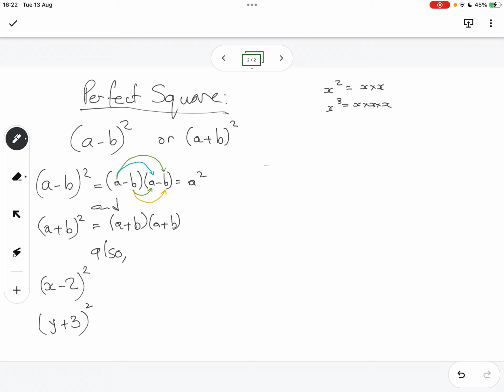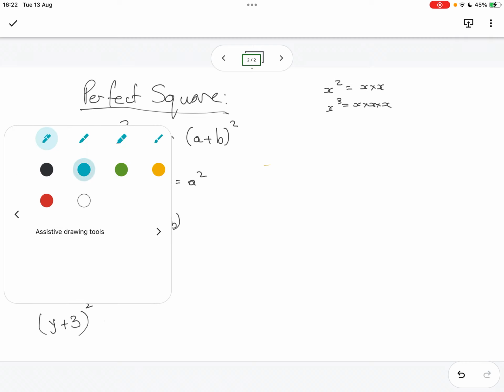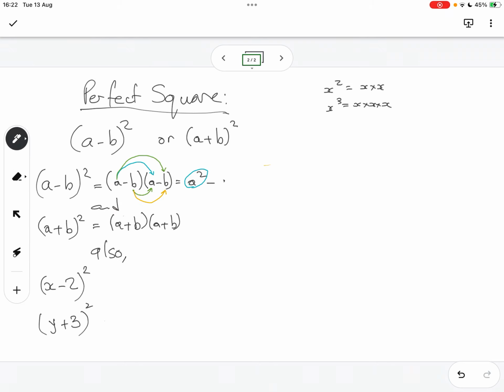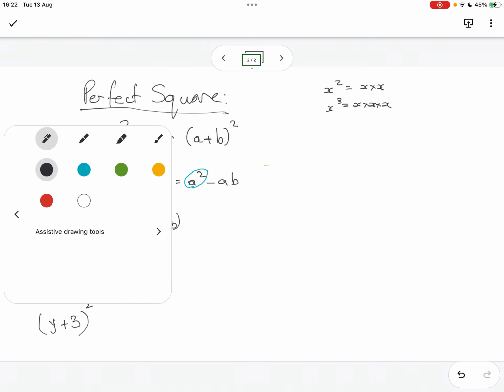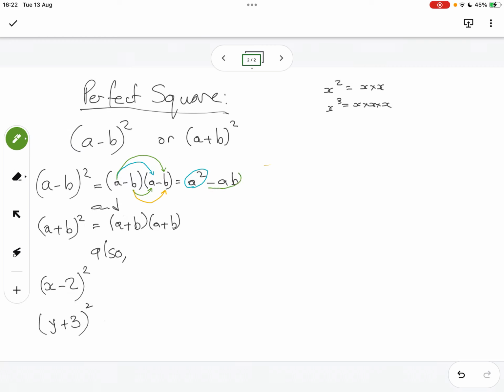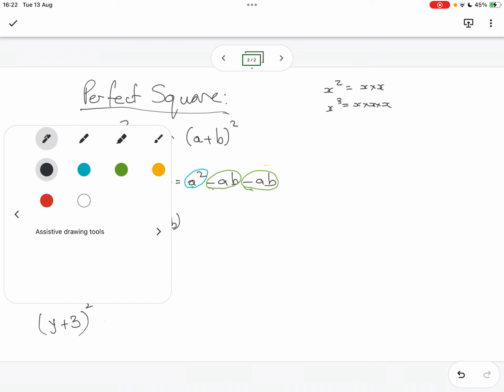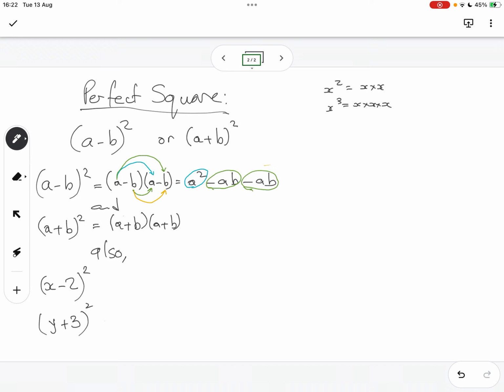You will have a squared, that's the first one. And then you'll have minus ab, which is the first green term. And then another minus ab, which is the second green term. And lastly negative b times negative b gives you positive b squared.